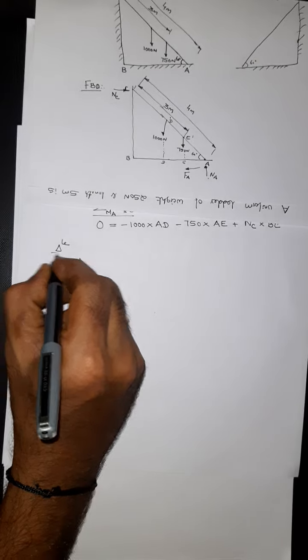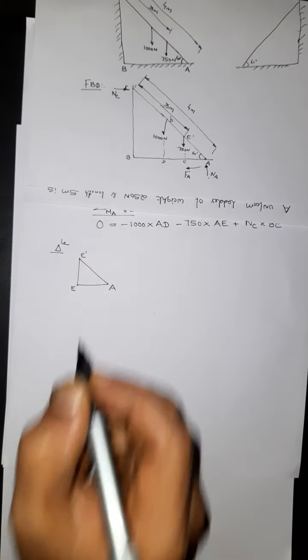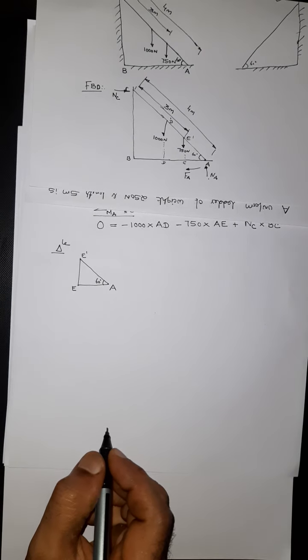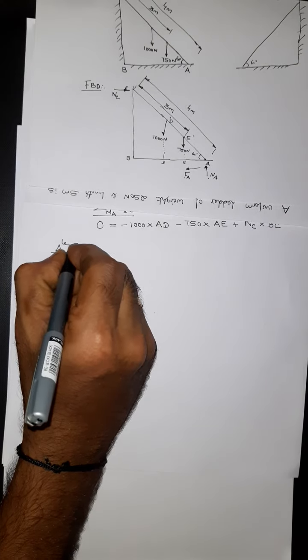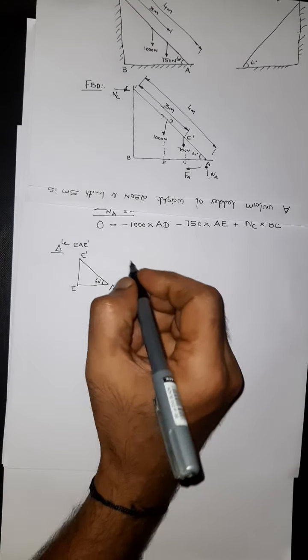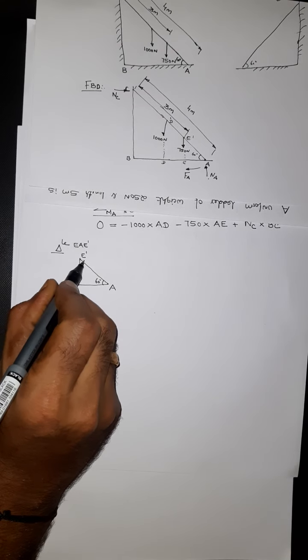A, E, E dash. This is 60 degree. So triangle E, A, E dash. The distance is known.